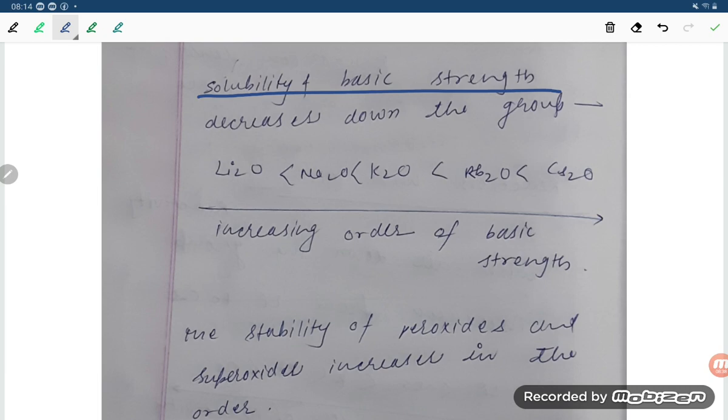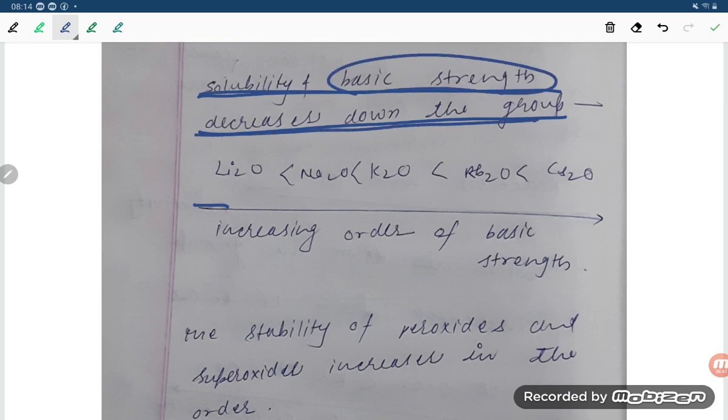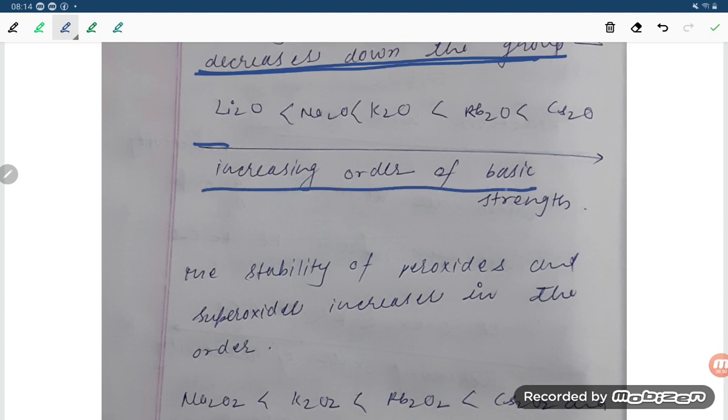Solubility and basic strength decrease as we go down the group. Okay, increasing order of basic strength.